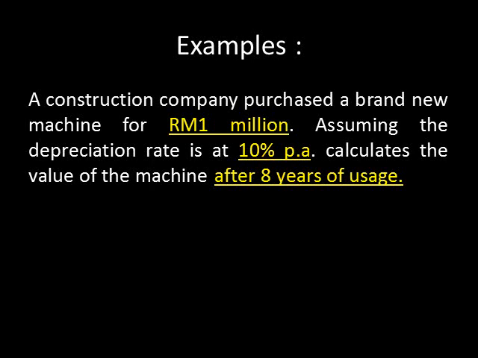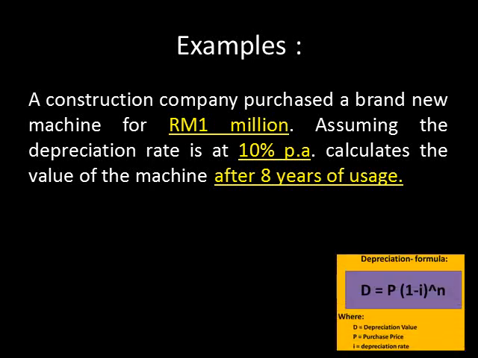So you are required to calculate the machine's value after 8 years of usage. That particular machine was bought at 1 million, and the depreciation rate is 10% per annum.